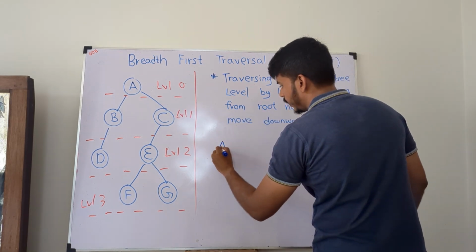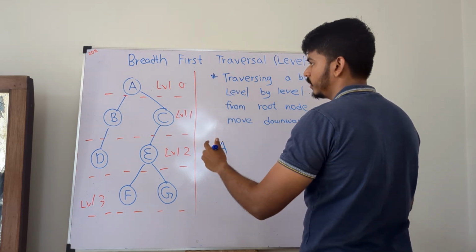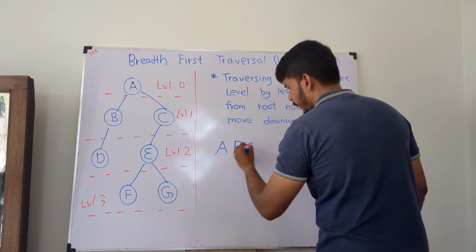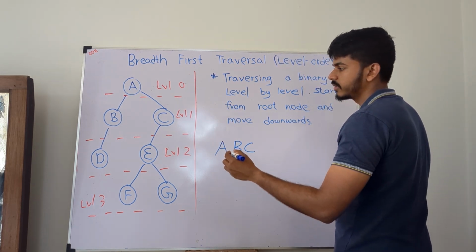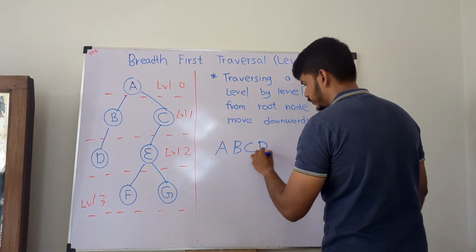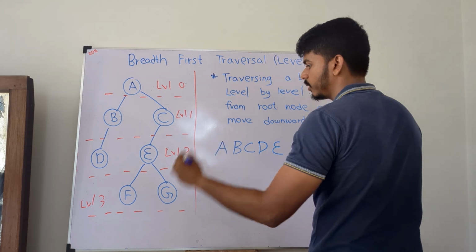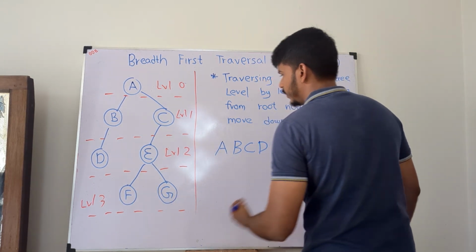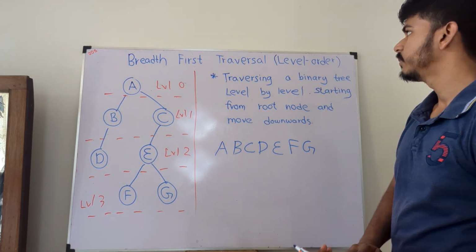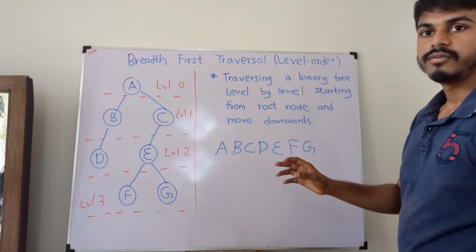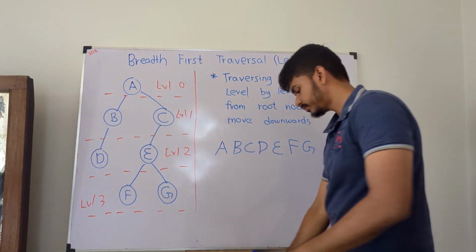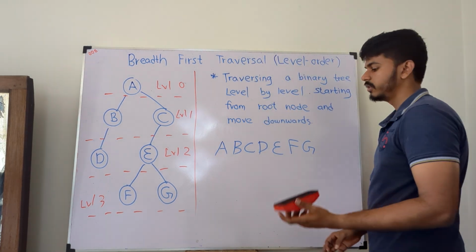We are going to write A, move down one level, left to right, B, C. Again move down to the next level, traverse from left to right, D, E. Move down one level, left to right, F. So that is the breadth first traversal. We can do this breadth first traversal using a queue also. So how do we do this?